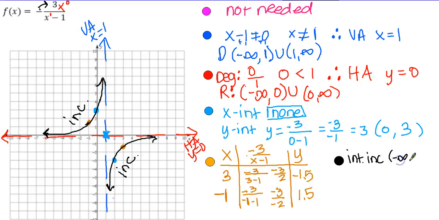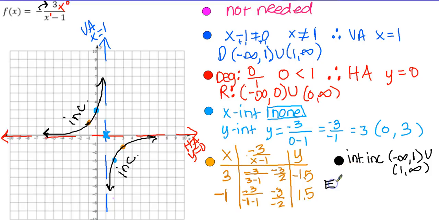From negative infinity approaching 1, left to right, domain-wise, in union with, on this side of 1, what's it always doing? Increasing, right? It's always increasing. Always, always going up. I mean, barely up right here, but still up.